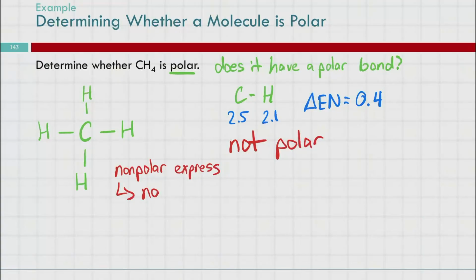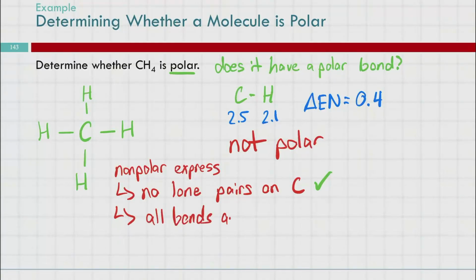Our two conditions are that we have no lone pairs on the central atom, carbon in this case. Do we have any lone pairs on carbon? No, we do not. And so this meets our first condition. And our other condition for the nonpolar express is that all bonds with the central atom are the same.